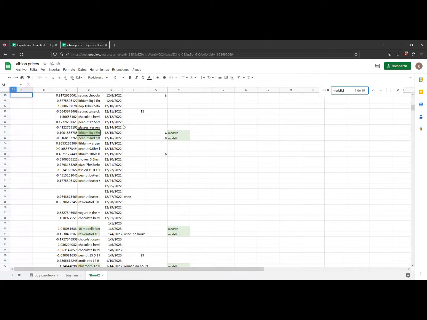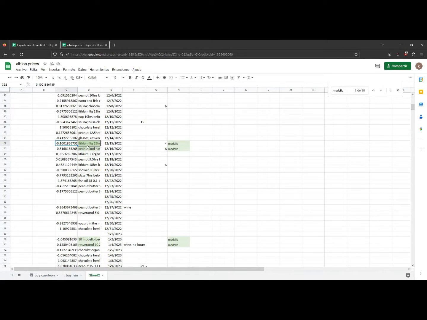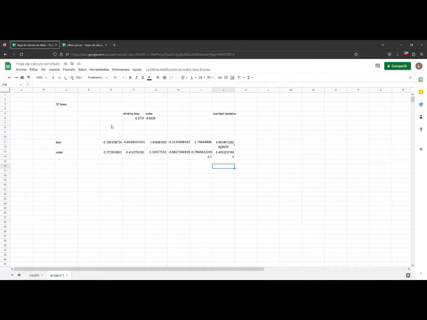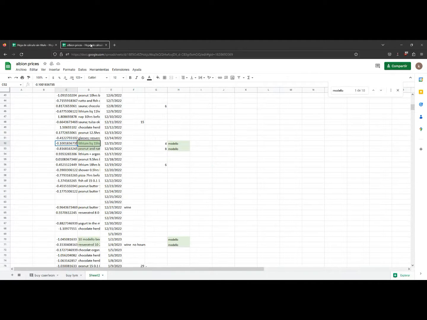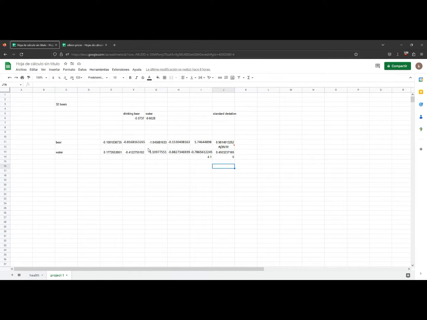Yeah. So what I did, let's say you drank Modelo here, right? I copied the health index and pasted it here, in my own spreadsheet for the click project.